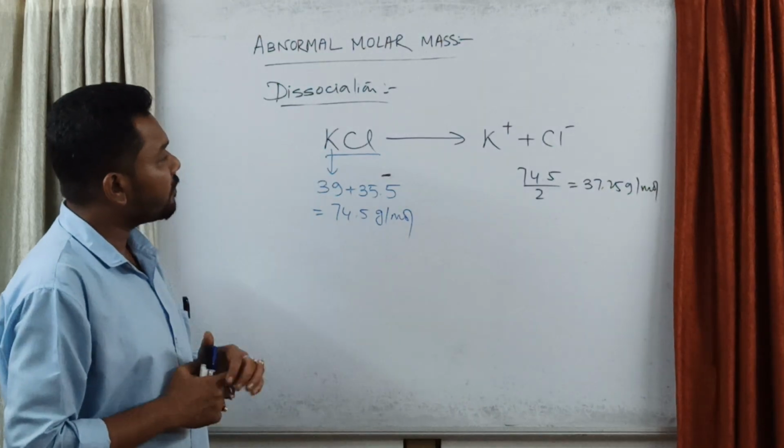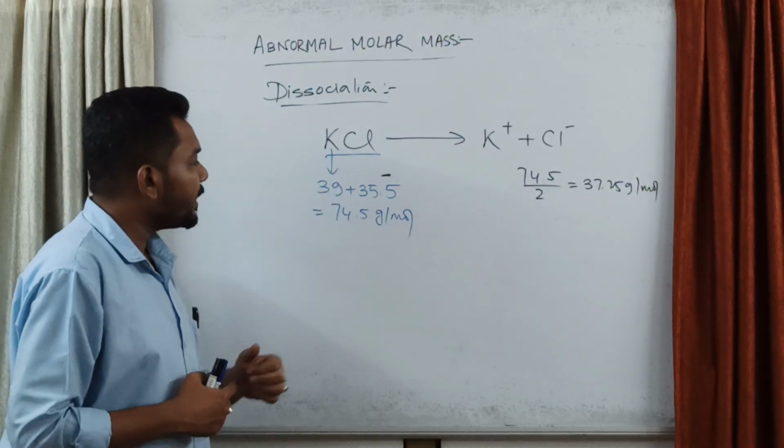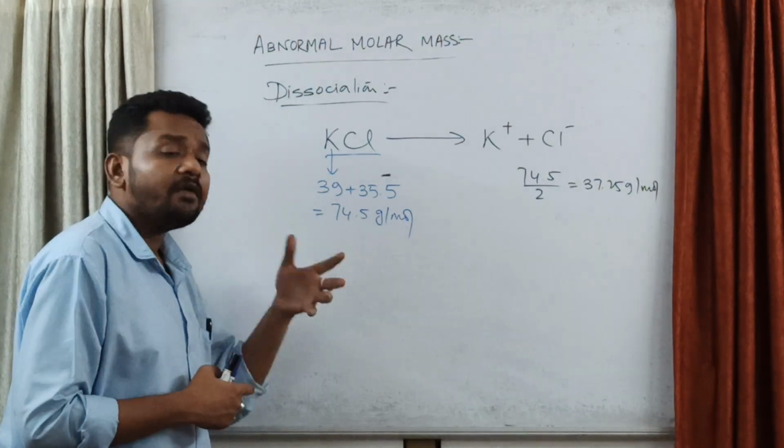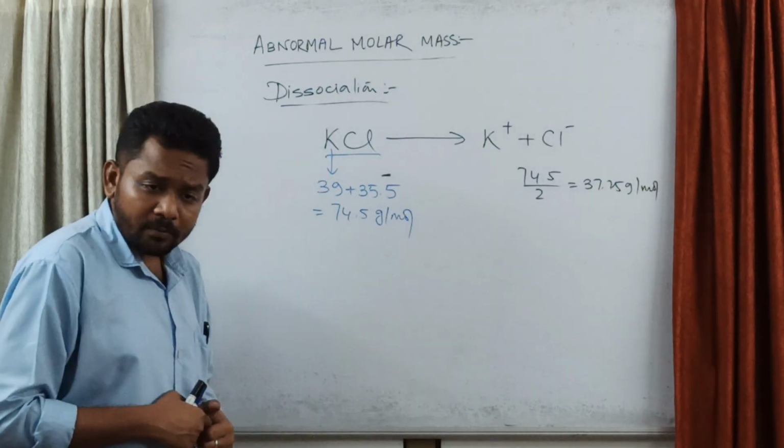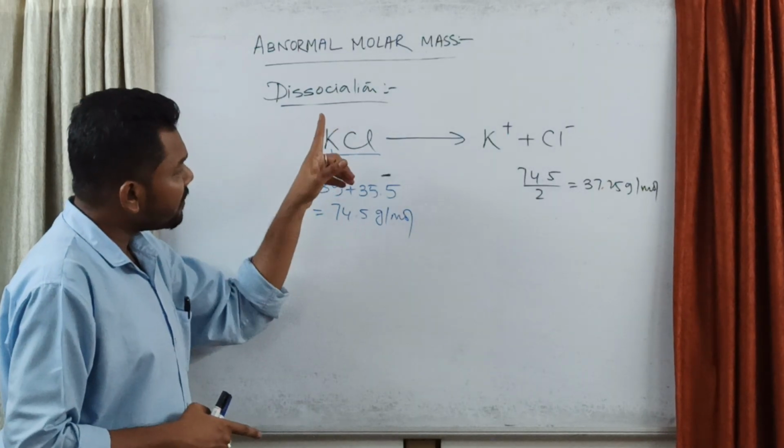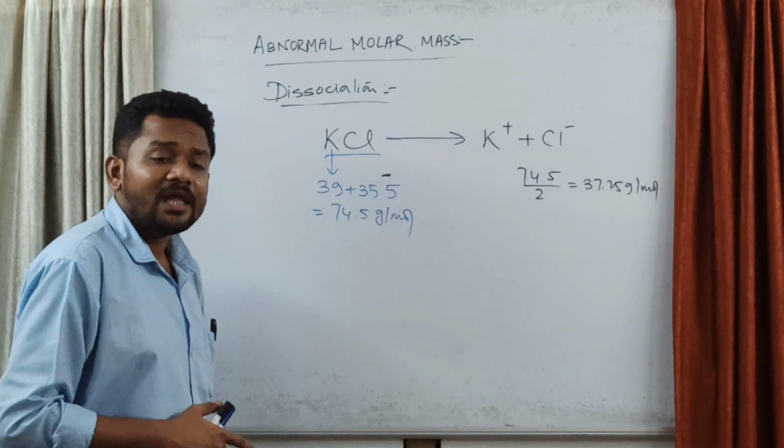You are thinking that the molar mass of potassium chloride is coming out to be 74.5 gram per mole. But you are not thinking about the dissociation phenomena occurring. After the dissociation, KCl will give you K plus and Cl minus.